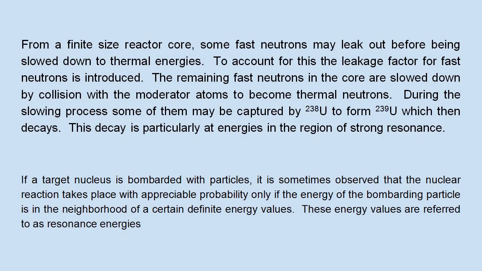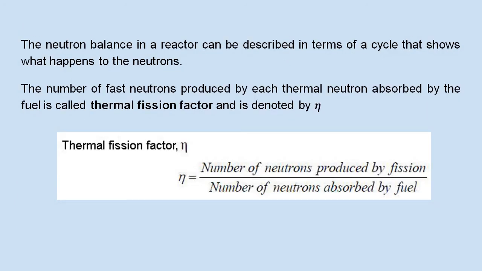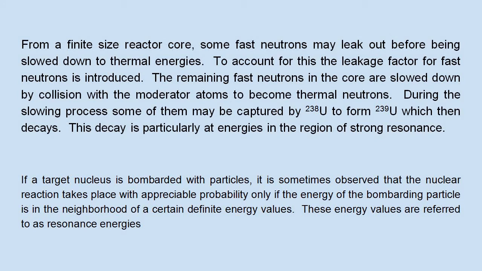From a finite size reactor core, some fast neutrons may leak out before being slowed down to thermal energies. So the first two things, the thermal fission factor and the fast fission factor, show the number of neutrons that are produced. Now we will discuss the neutrons that are lost.